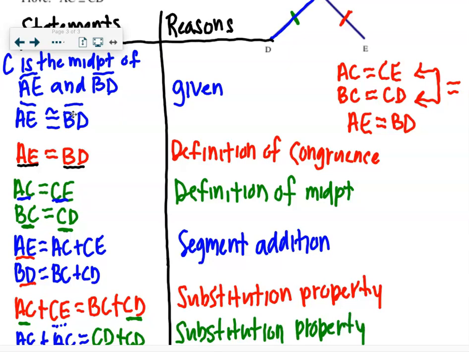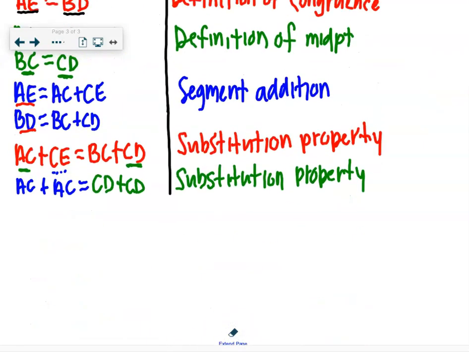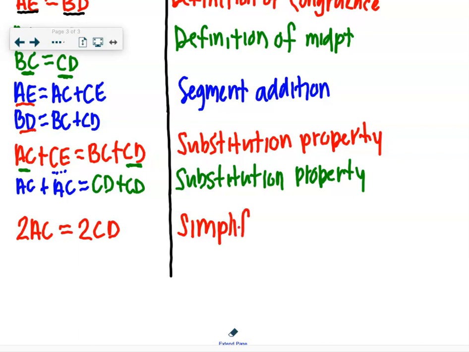And now from here, it's super simple. We've done the hard part, and now we just have to finish it off. How many ACs do I have here? 2. So when I simplify, I'll have 2 AC is equal to how many CDs? 2 CDs. That's just simplifying. We simplified. Now, if I just want to have one AC, how do I get rid of that 2?